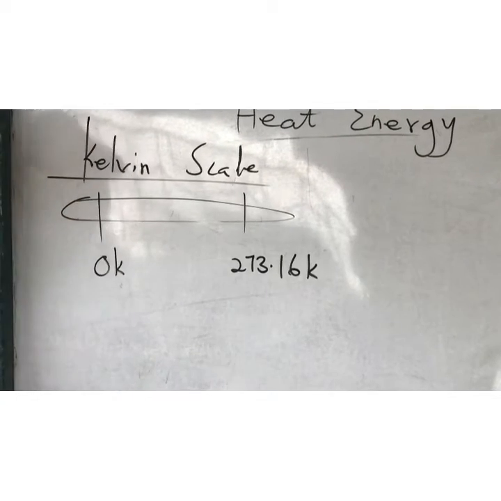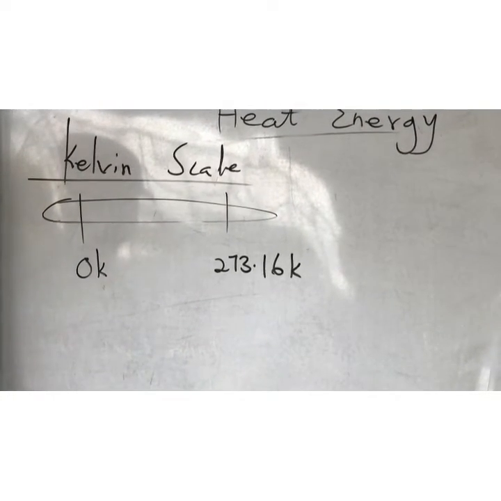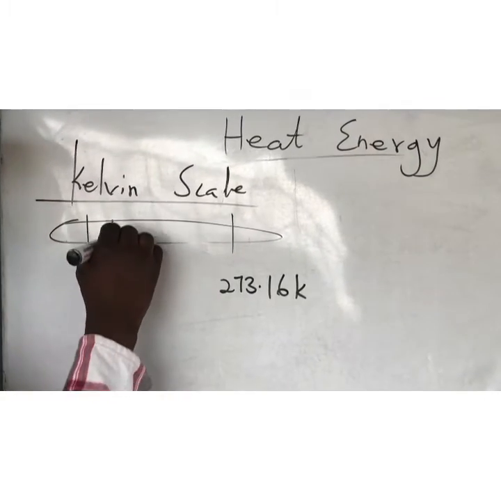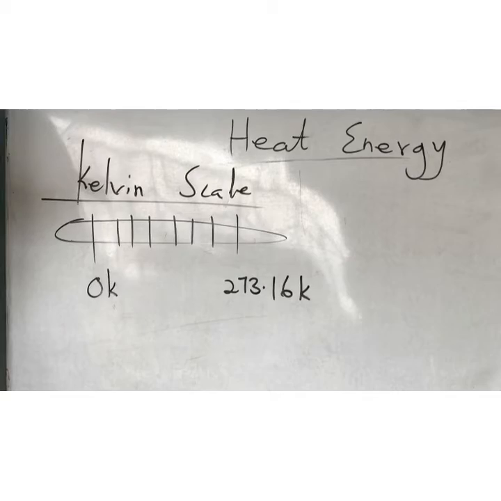Just as the Celsius scale has the lower fixed point and the upper fixed point, the same way the Kelvin scale also has a lower fixed point and an upper fixed point.